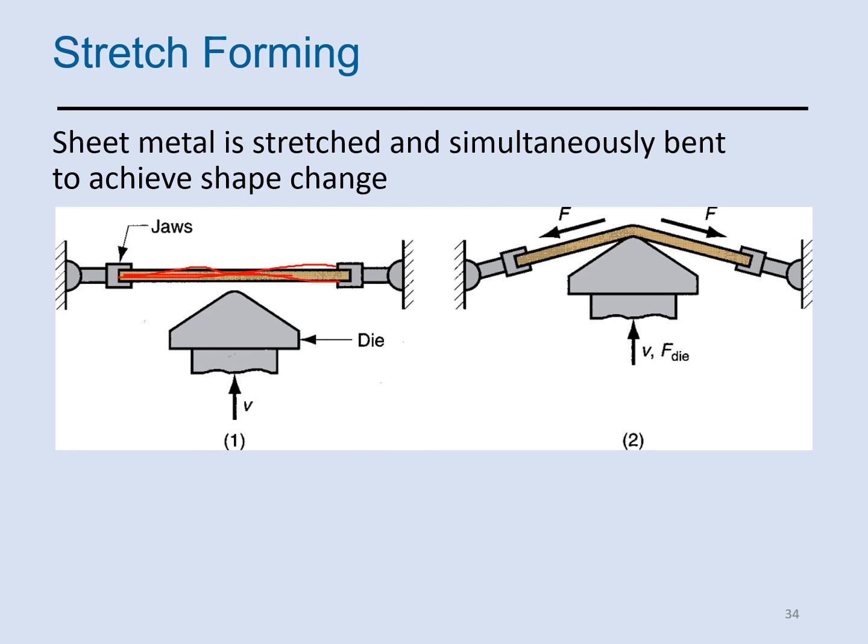Then we have a die like this one that applies pressure on the sheet metal. Because there is some pre-stress in that part, it will be easier for the sheet metal to deform.